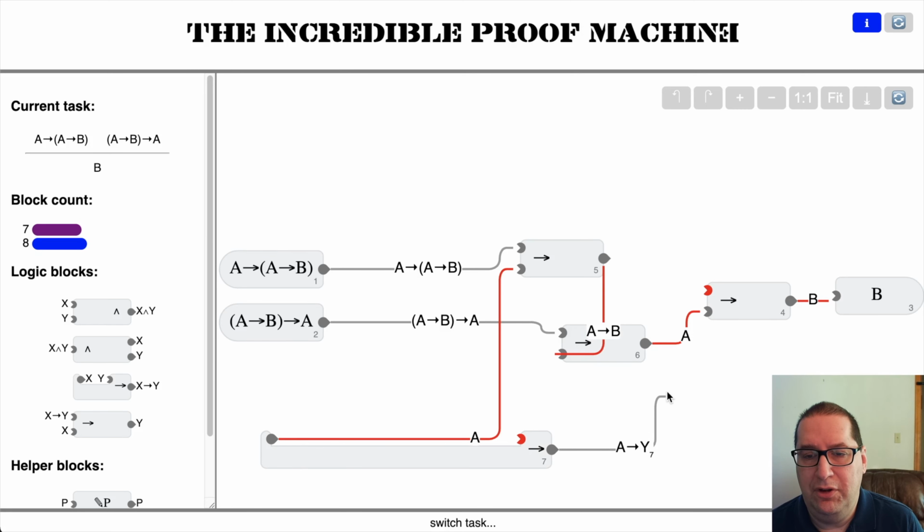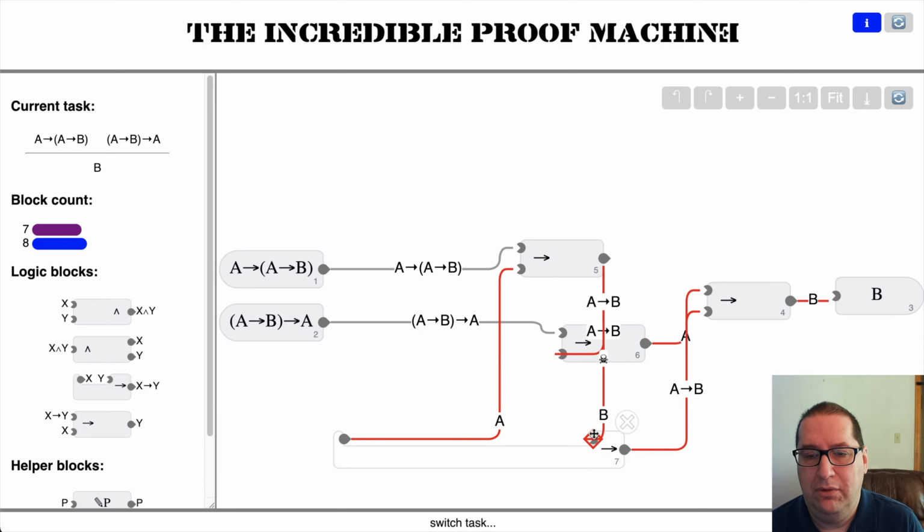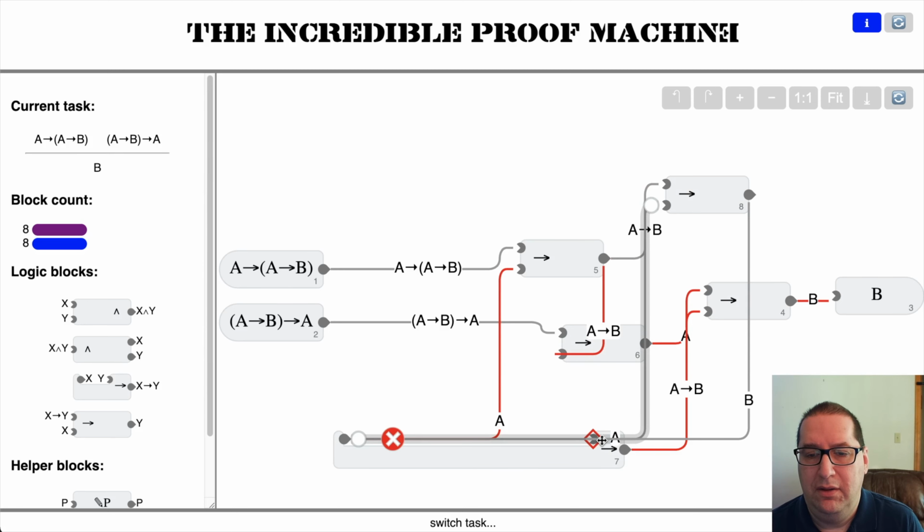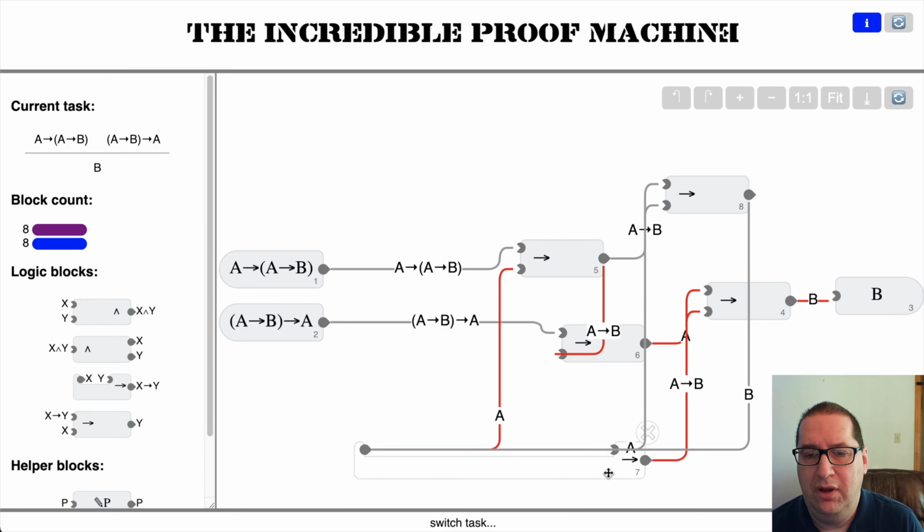And this is going to be the A implies B that we need. This A implies B is going to go right. That's an A implies B. We can eliminate that implication there. That A goes there. There's a B. That implies that. Does that work?